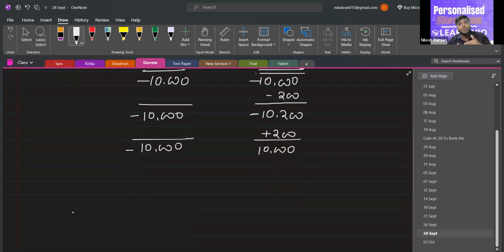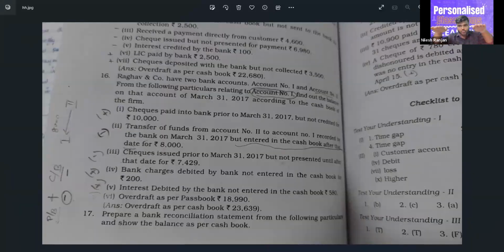Whatever we think should be added will be deducted, and whatever we think should be deducted will be added. So that's why I explained it like this. I'm repeating this. Cash book, passbook.